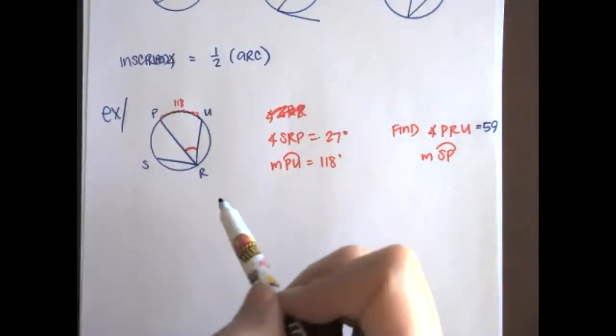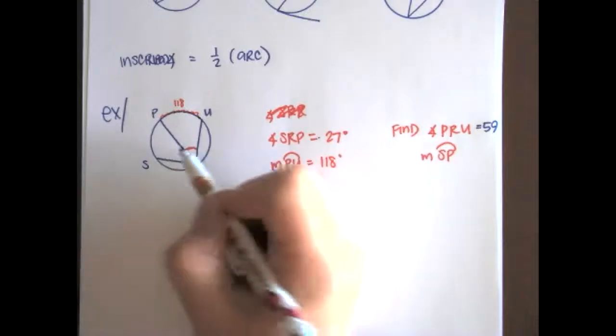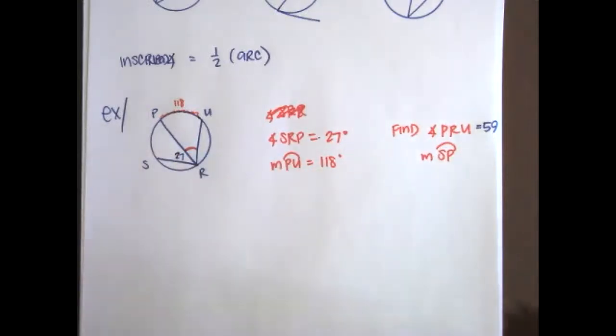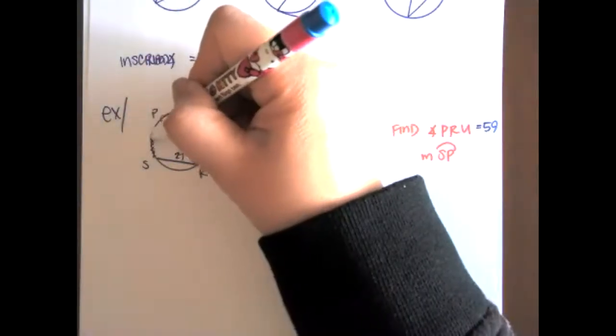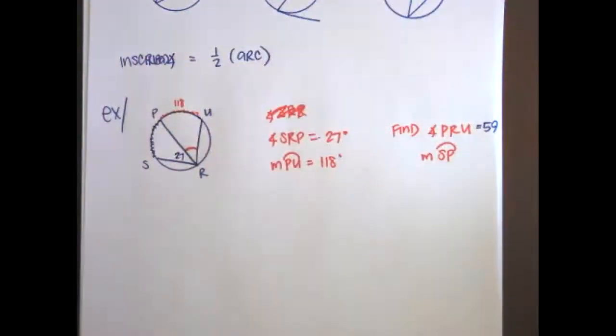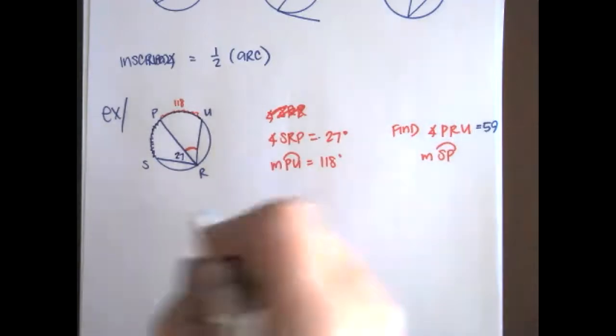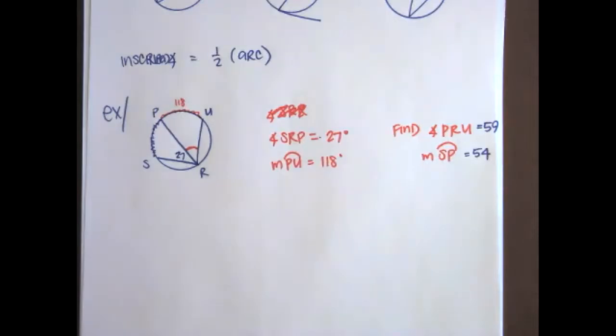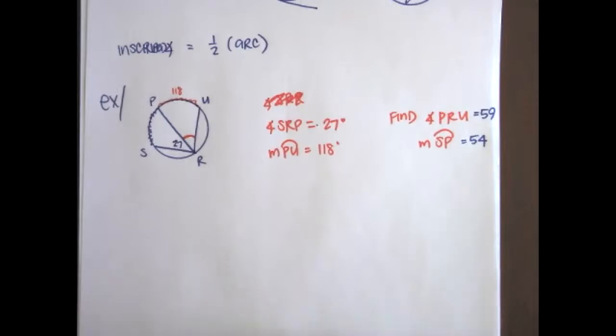Next, we're looking at angle SRP, which is 27. Again, you're always looking at the intercepted arc for that angle, which is that arc there, and that's what we're trying to find. It's half the arc, so we're going to double this. So this is 54. Questions on that? Okay, probably thinking that was too easy because it was.